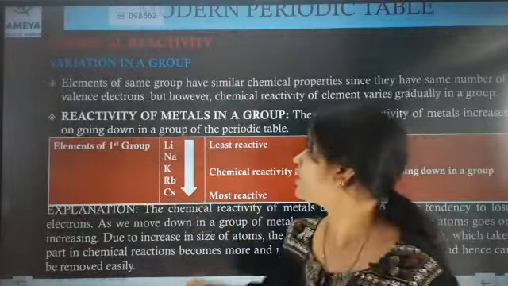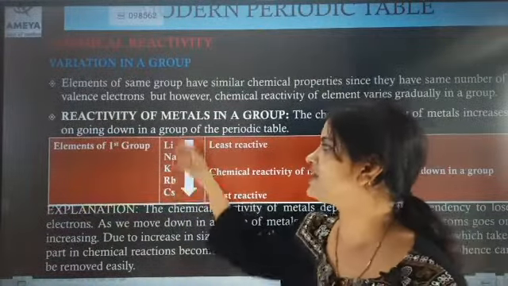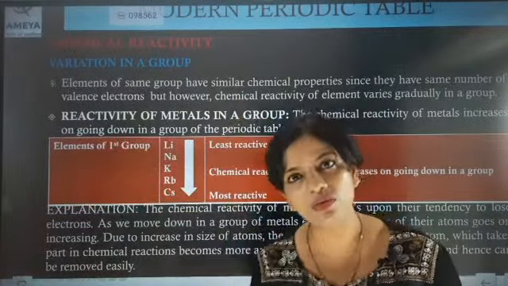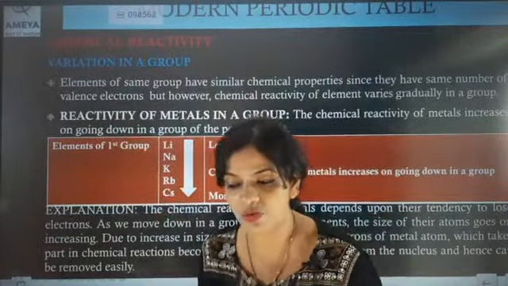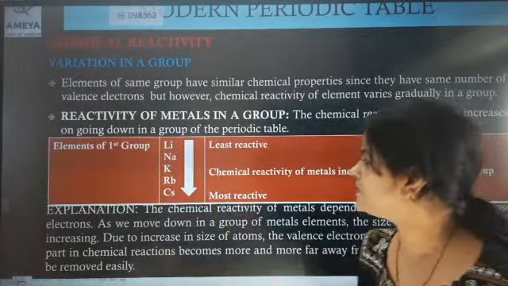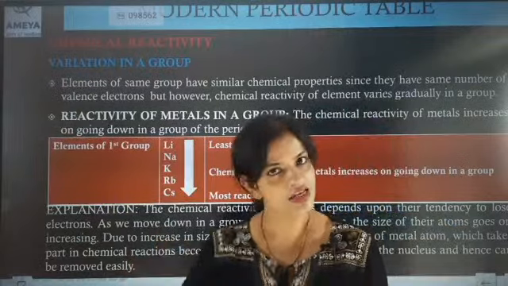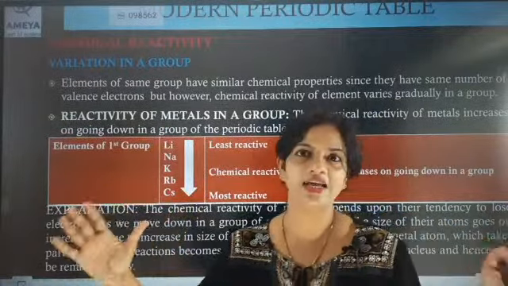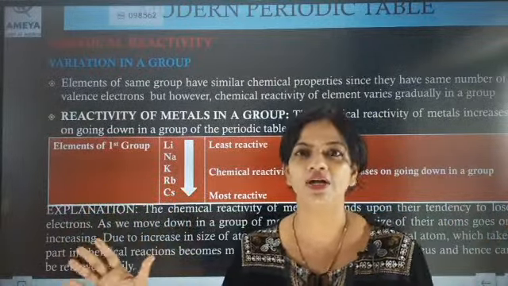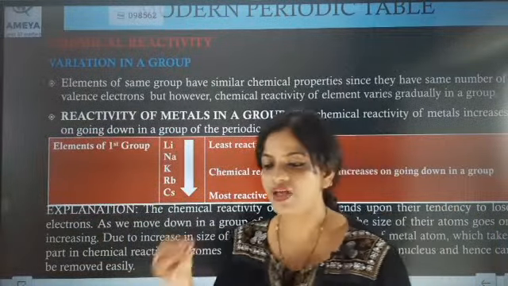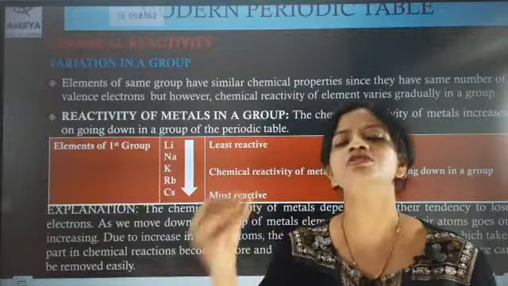Among the group, all have the same chemical reactivity, but when we go down the group, the reactivity increases. The reason behind it is the bigger size, the addition of extra orbits, and the shielding or screening effect.